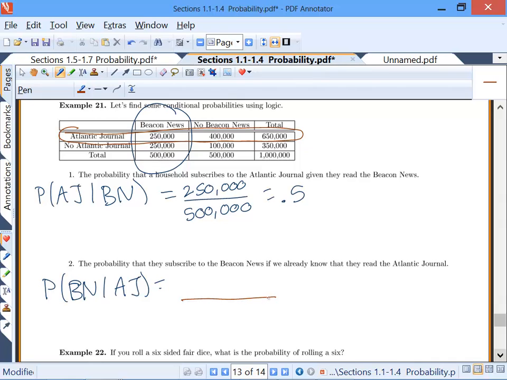So my total number of people that read the Atlantic Journal is 650,000. And how many people of those read the Beacon News? 250 again. So that one I can't do in my head. 0.384. Okay. So if we know that they read the Atlantic Journal, there's a 38% chance that they also read the Beacon News.